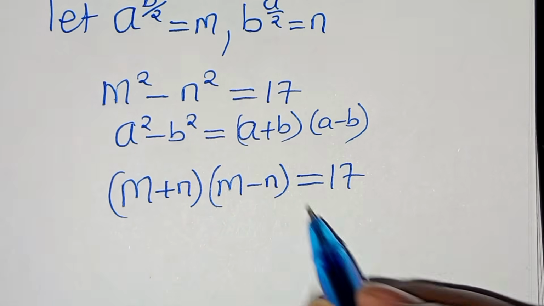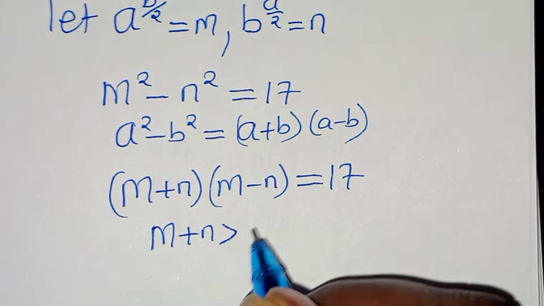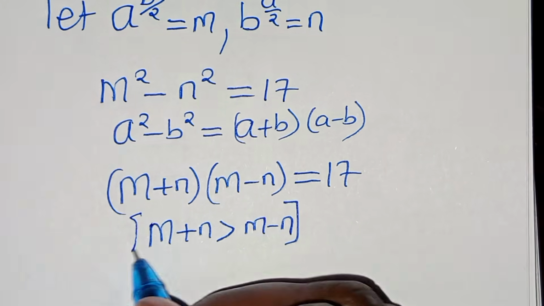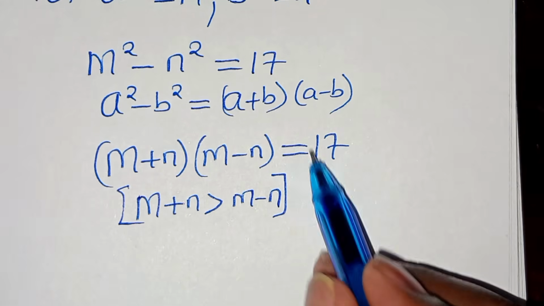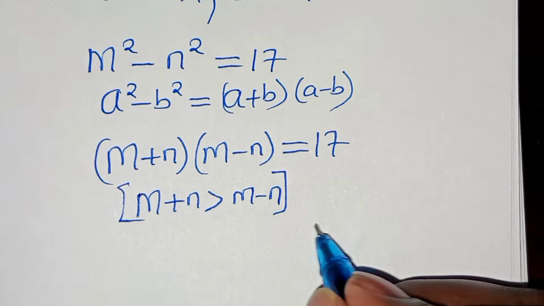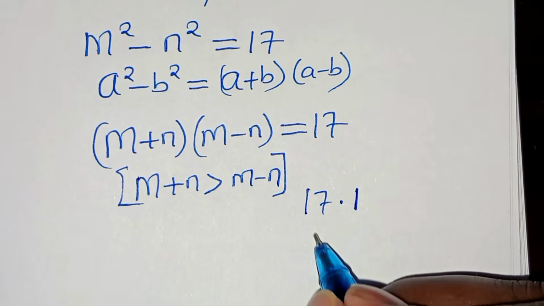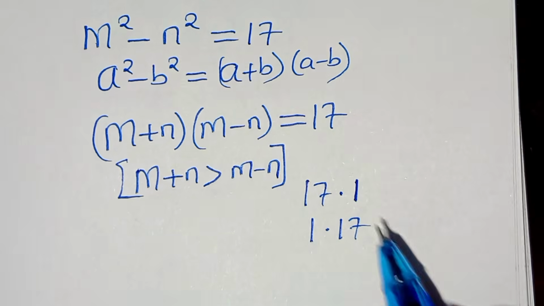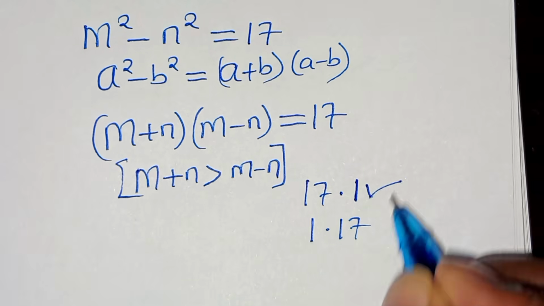Now, m plus n is greater than m minus n. The next step is to determine the factors of 17. We have 17 multiplied by 1, and 1 times 17. Now 17 is greater than 1, which satisfies the condition.